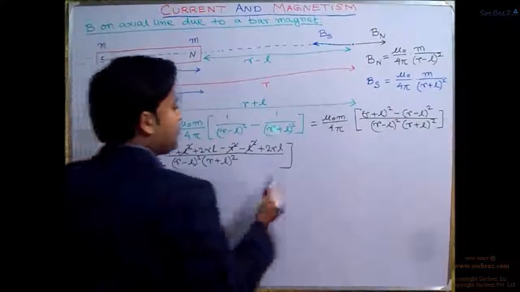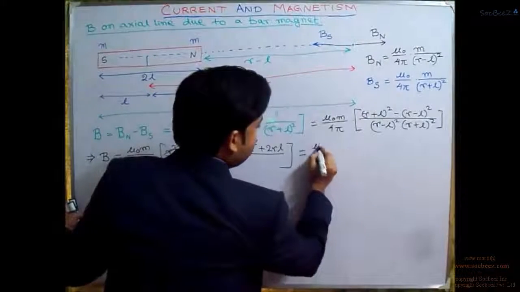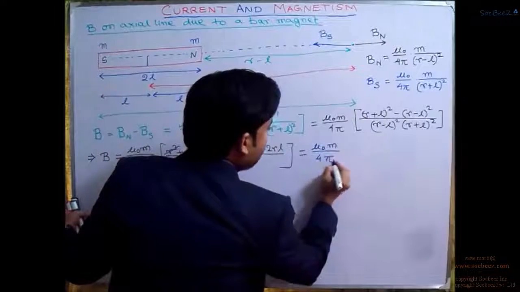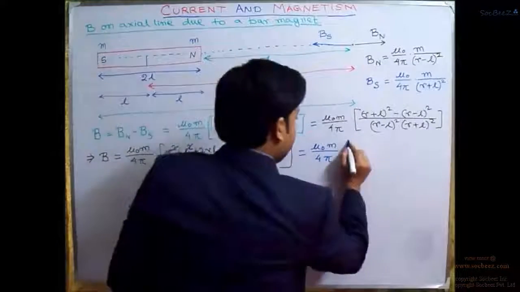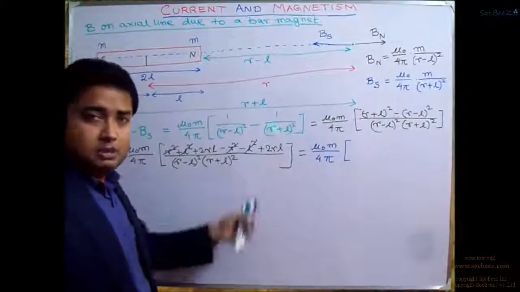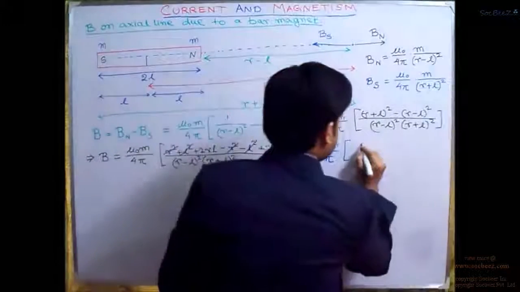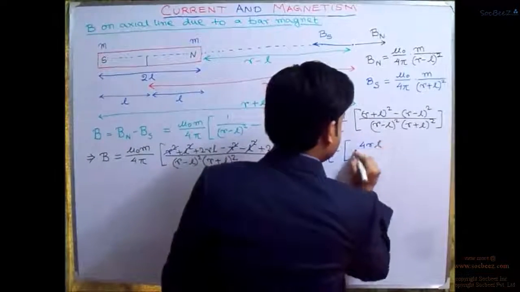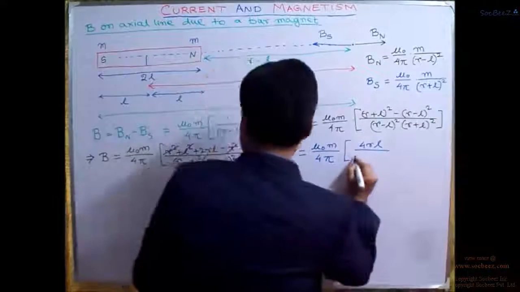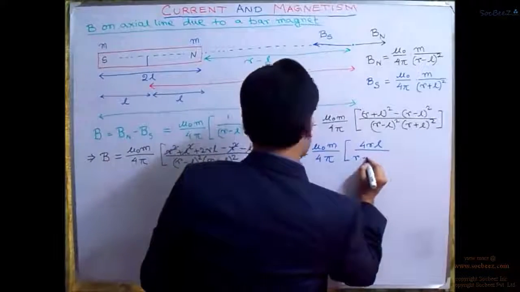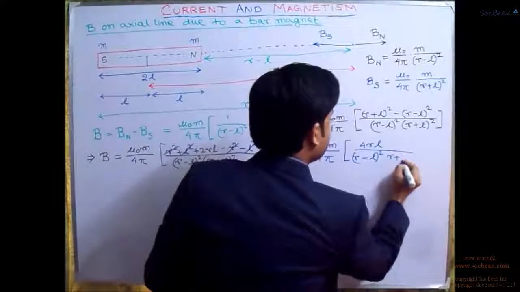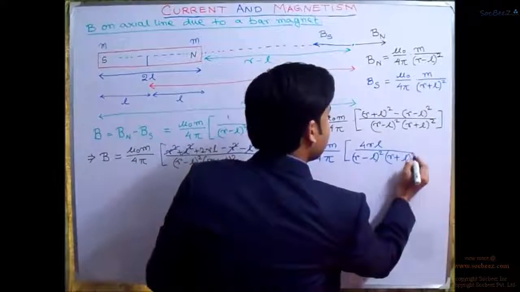So the next step what we can write is mu naught multiplied by m divided by 4 pi multiplied by, over here, this is 2rl plus 2rl, which will be simply equal to 4rl, divided by (r minus l) whole square multiplied by (r plus l) whole square.